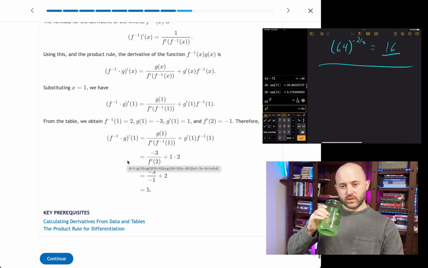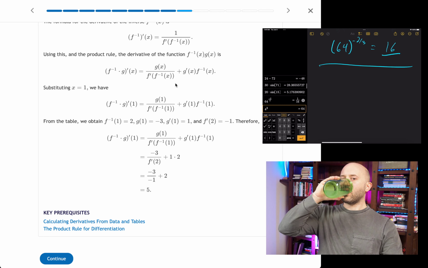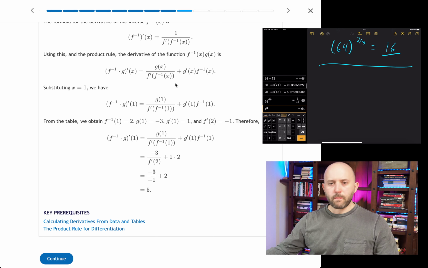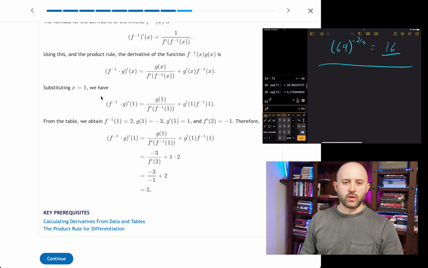Okay, so f prime of g is g over the inverse thing. And then the product rule gets us 2 of them. Okay, and then substitute in for 1, plug that in, and then from the table, just do replacements.